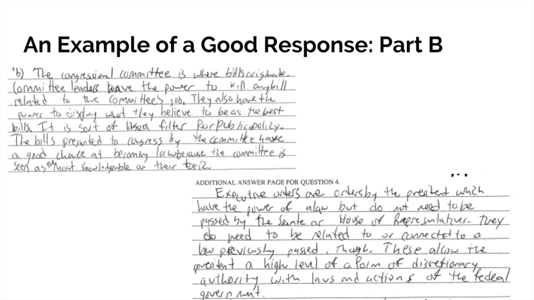And then here's another example of a good response, but for part B. And you can again see that this person didn't spend too much time on this question, but they clearly addressed all the points in the question. You can see in their wording, it's not too flowery or elaborate. It just answers the question and it answers it well.